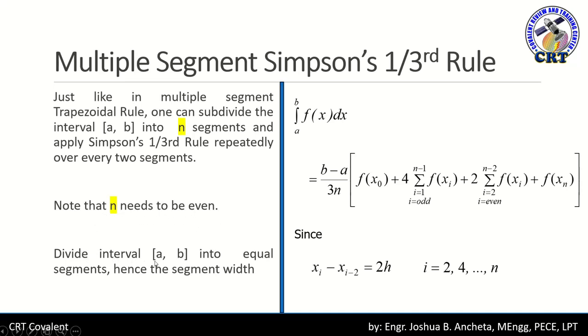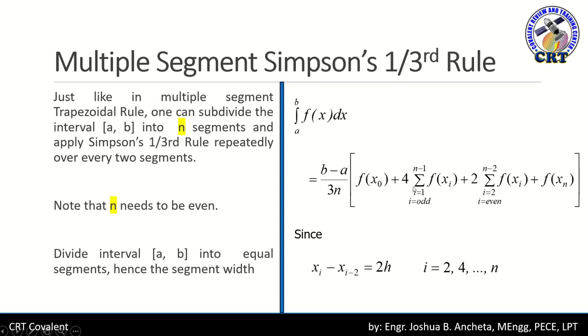Divide the interval a to b into equal segments, hence the segment width. So the integral of f(x) dx is equivalent now to (b minus a) over 3n times the quantity f of the lower limit, x sub 0.